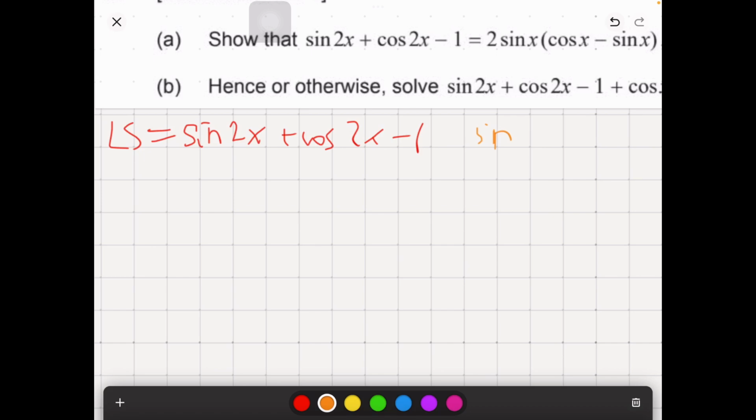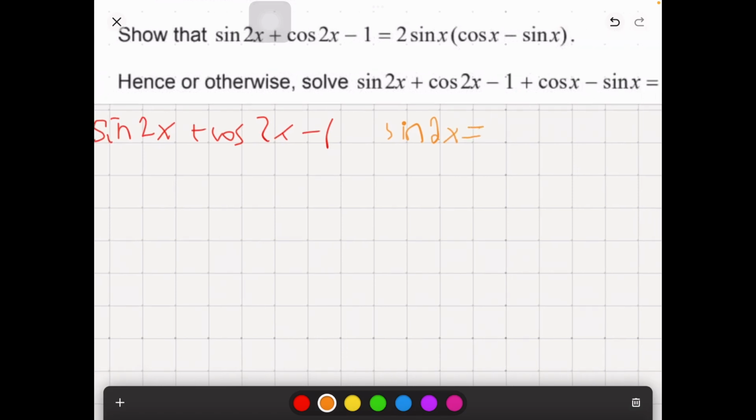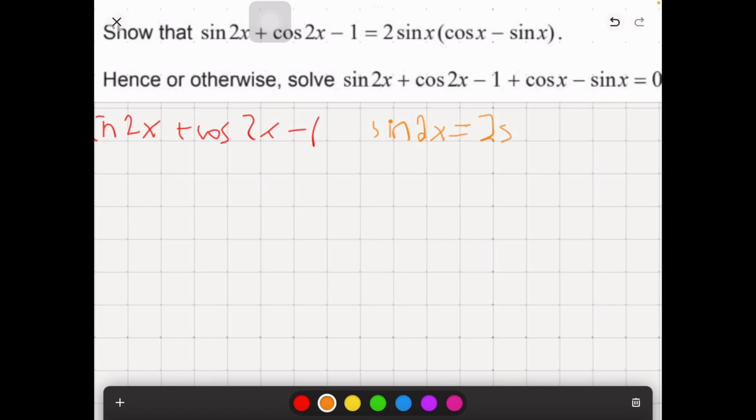Sine of 2x is equal to 2 sine x cos x, and cos of 2x is equal to, well, quite a lot of things. One of the things is cosine squared of x minus sine squared of x.